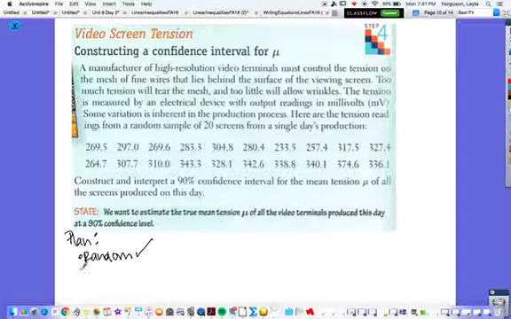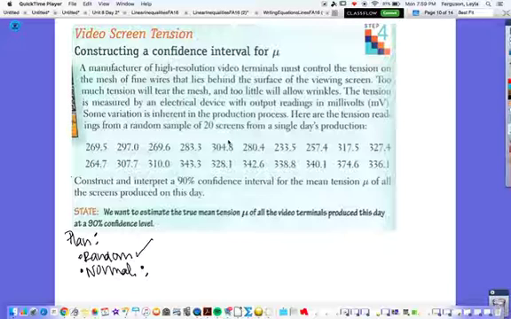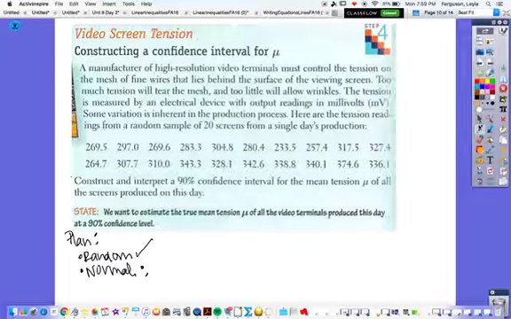So it's definitely random. Alright, so next we need to check and make sure that it's normal. We have two conditions that we can look at for normal. We either look at n, our sample size, and make sure that it is greater than or equal to 30, which in this case it's 20.